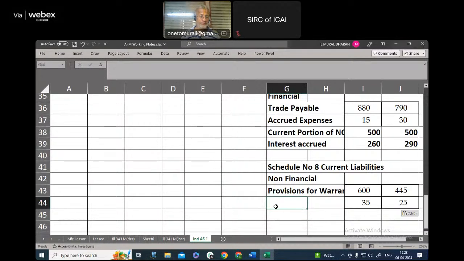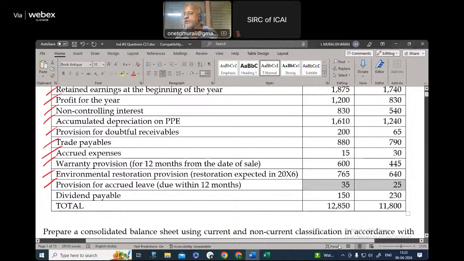Accrued leave. Provision for accrued leave. Then dividend payable, which is to be paid in the form of cash, will come under financial only.